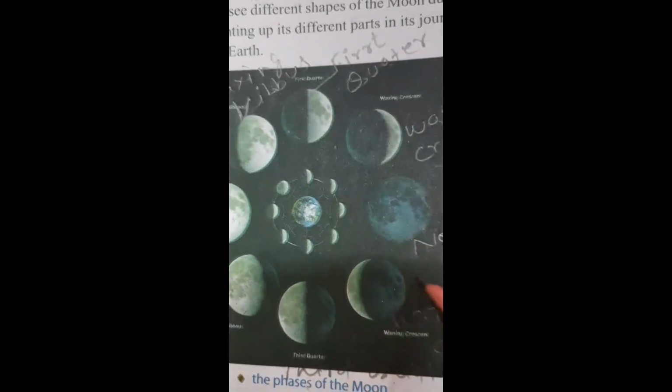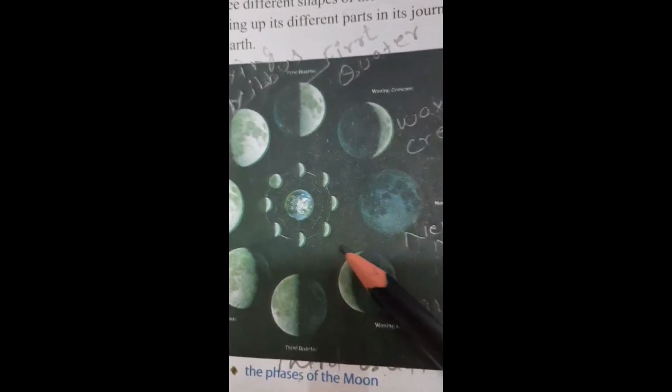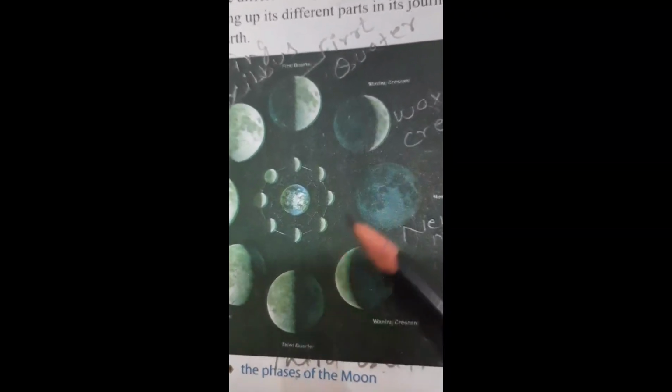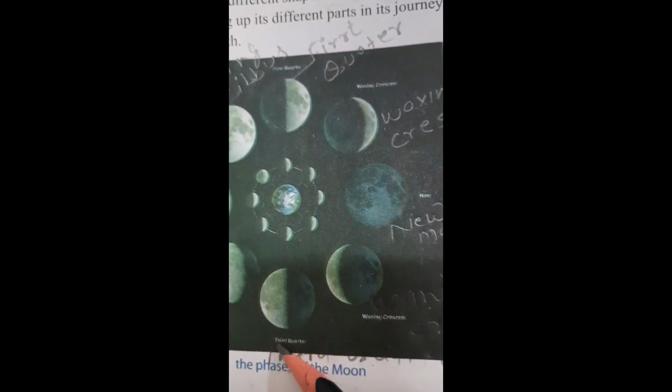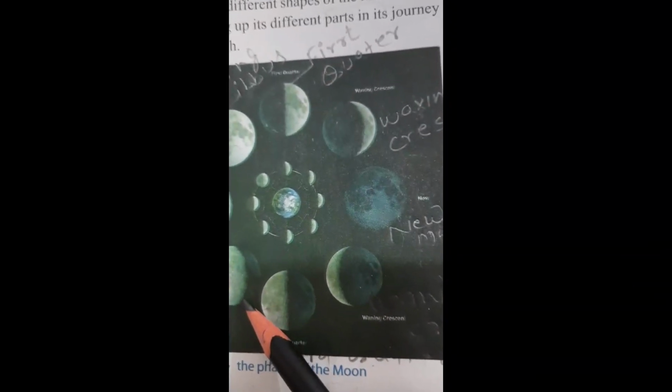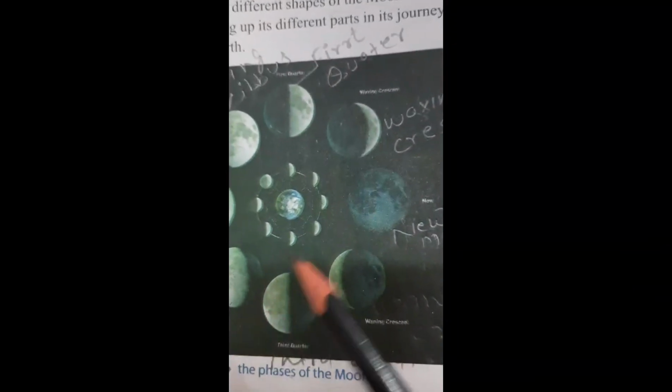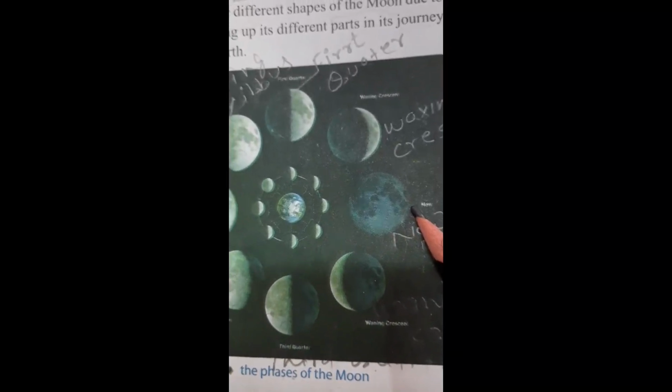This is the picture of the phases of the moon. The phases of the moon are divided into two parts. The first part is the waxing period and the second part is the waning period.